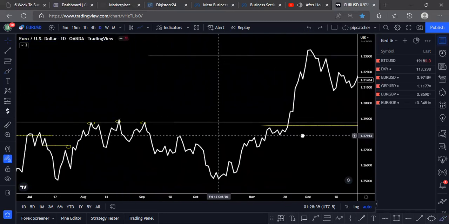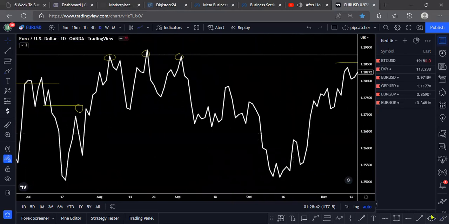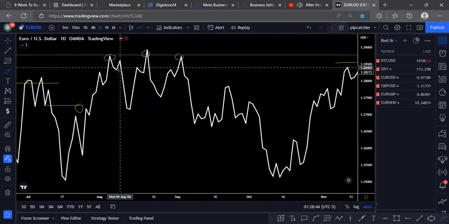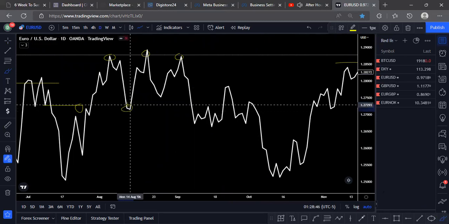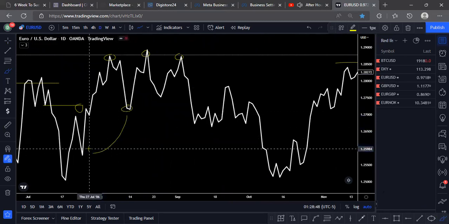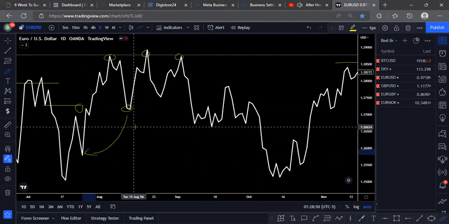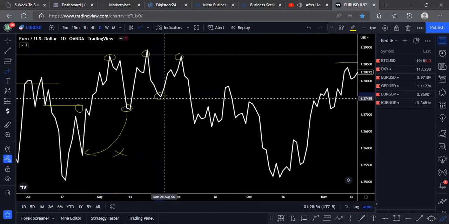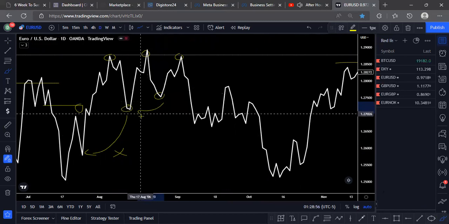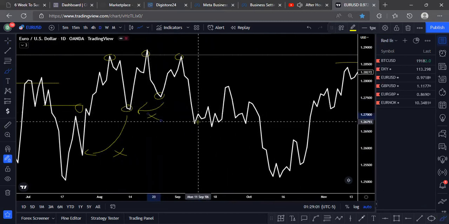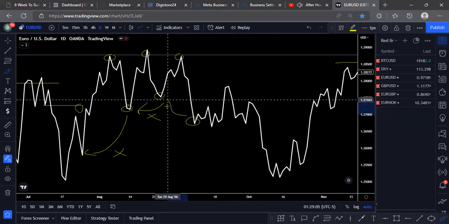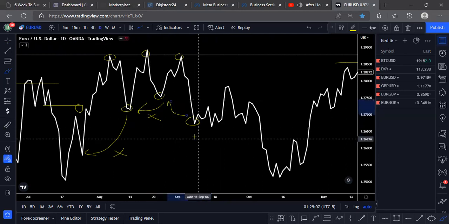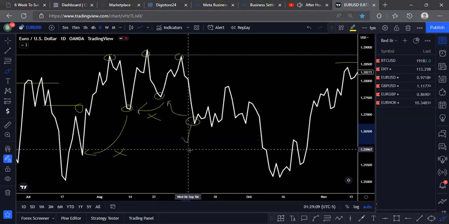And if we look, did this low break this low right here? No, it didn't. Did this low break this low right here? No, it didn't. But did this low break this low right here? Yes, it did.